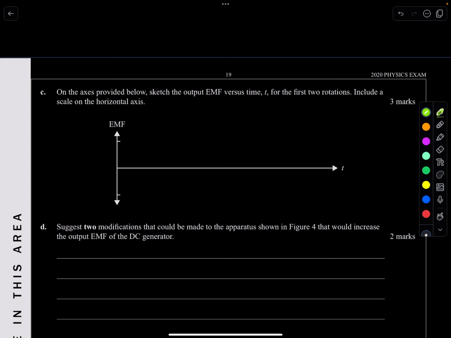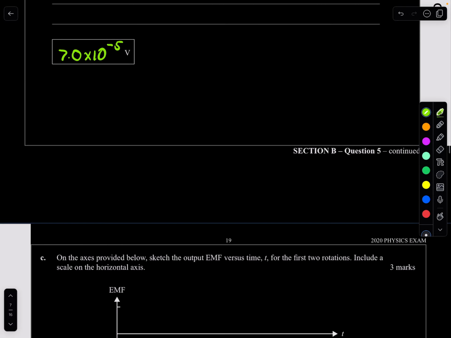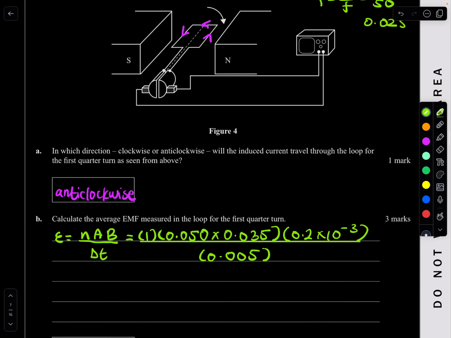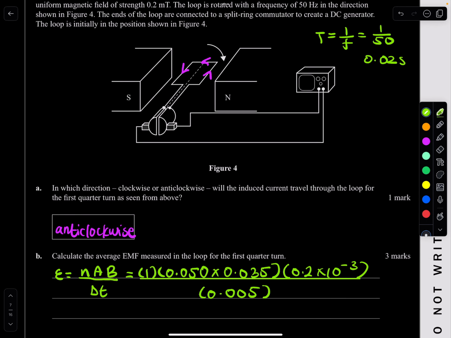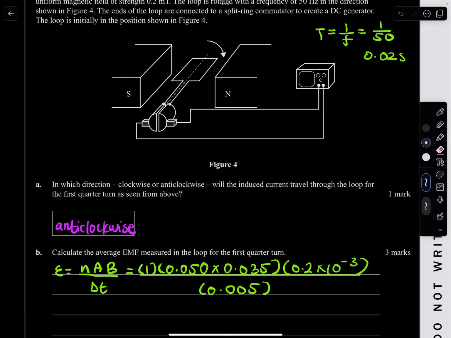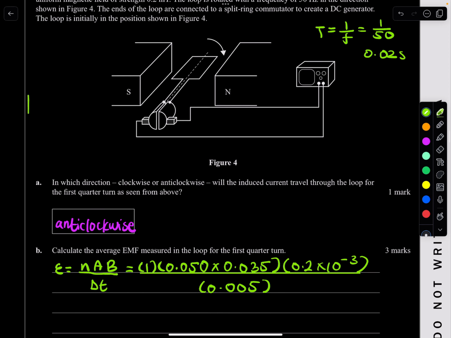C. On the axis provided below, sketch the output EMF versus time for the first 2 rotations, and include a scale on the horizontal axis. What I would do first is draw the flux graph, the change in flux over time, for 2 rotations. That will help me draw the EMF graph nicely.